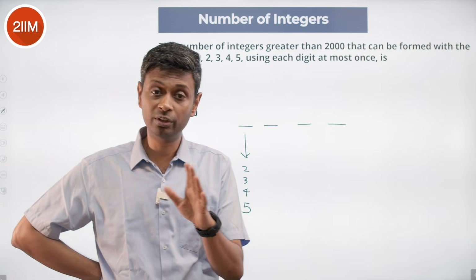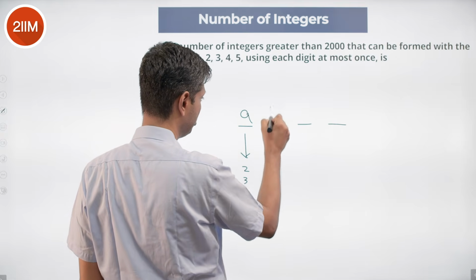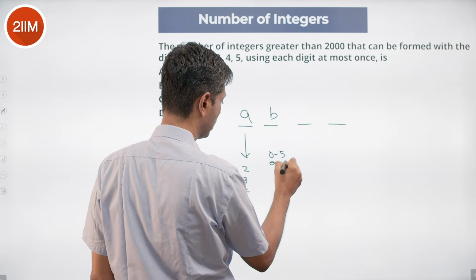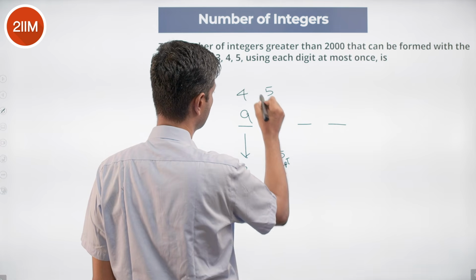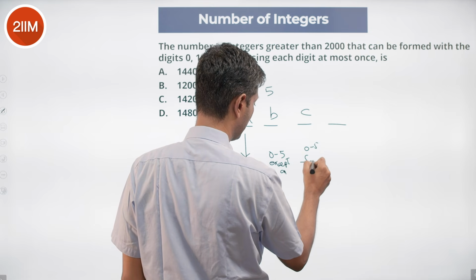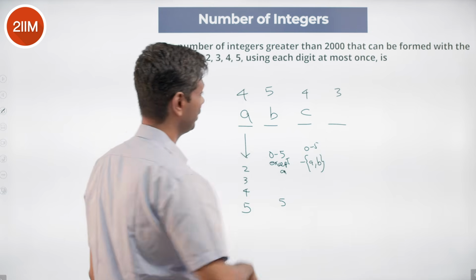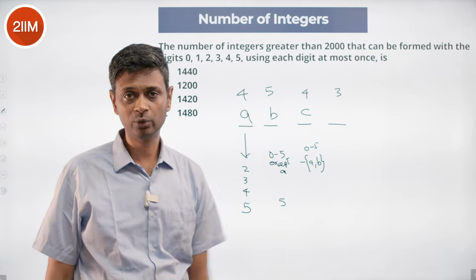All numbers with first digit 2 will count. So A, there are 4 options. B, 0 to 5 except A, 5 options. C will be 0 to 5 minus A comma B, 4 options. D has 3 options. 4 into 5 into 4 into 3. 4 into 5, 20. 20 into 4, 80. 80 into 3, 240.